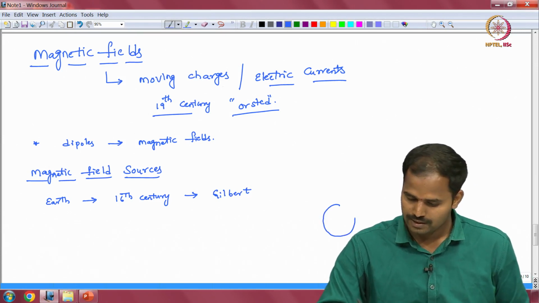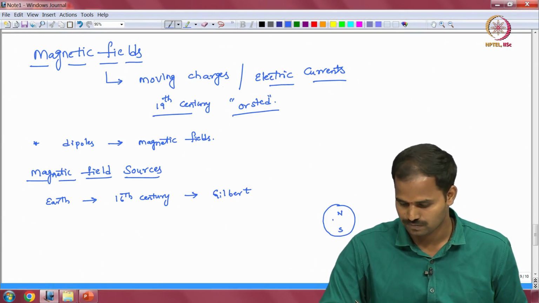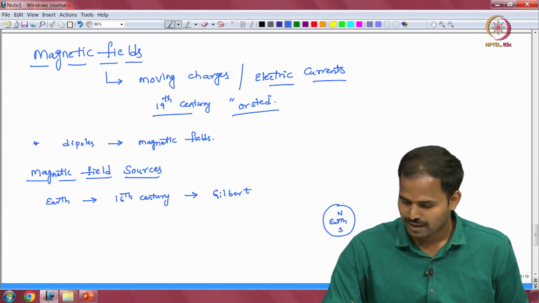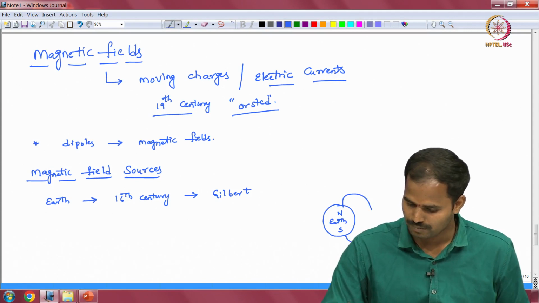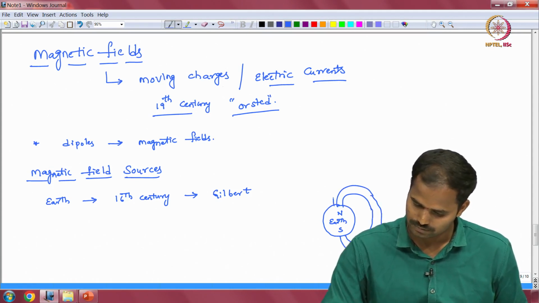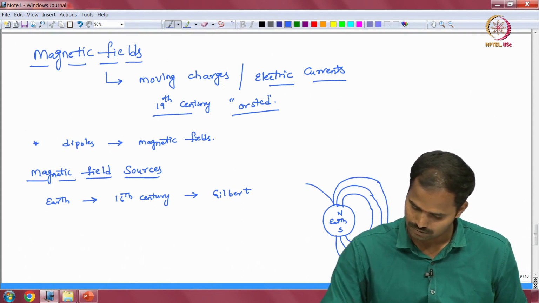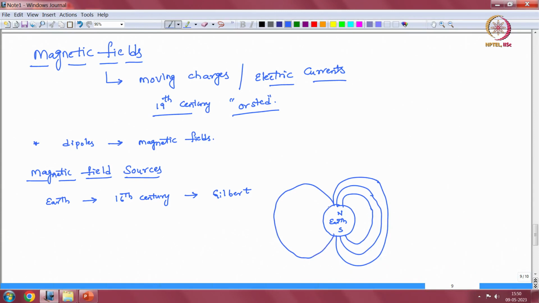If we take the earth in this manner, here north and south, the magnetic flux lines will flow from north to south.